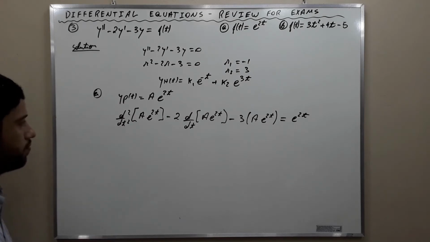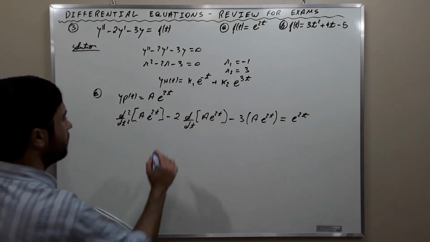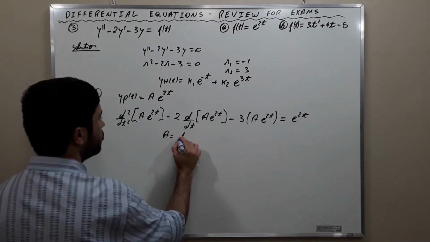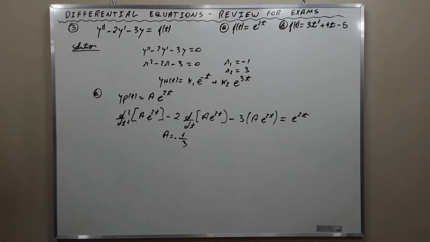This is letter A. If we develop this, we find that A is equal to negative 1/3.